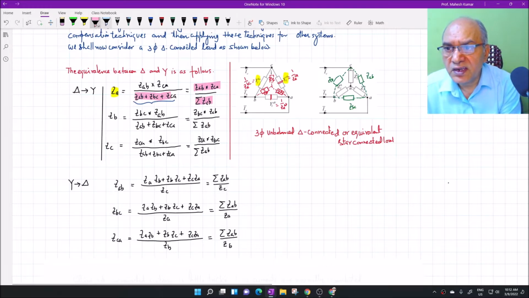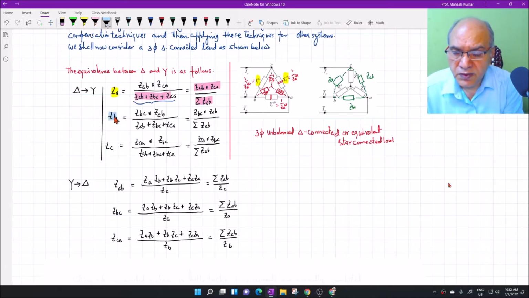Similarly, we can find out ZB, which is ZBC into ZAB divided by sigma ZAB. And likewise, we can have ZC, which equals ZCA into ZBC divided by sigma ZAB.